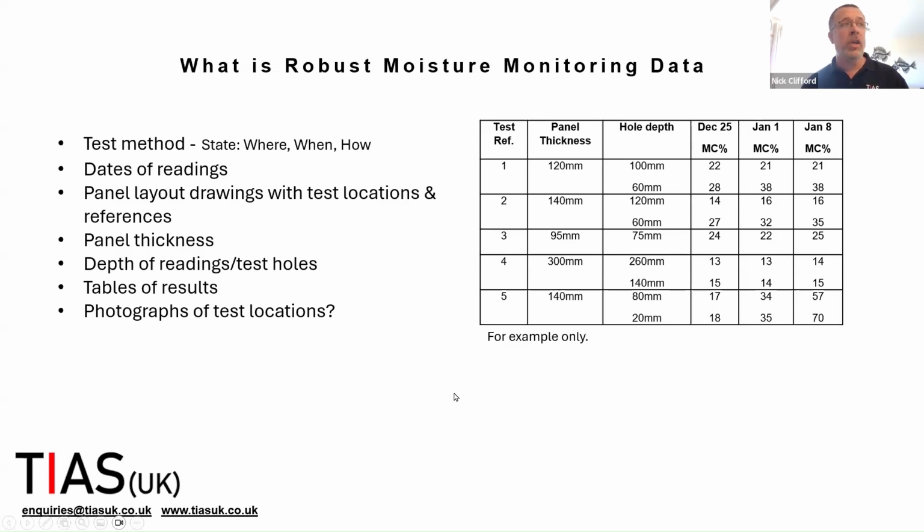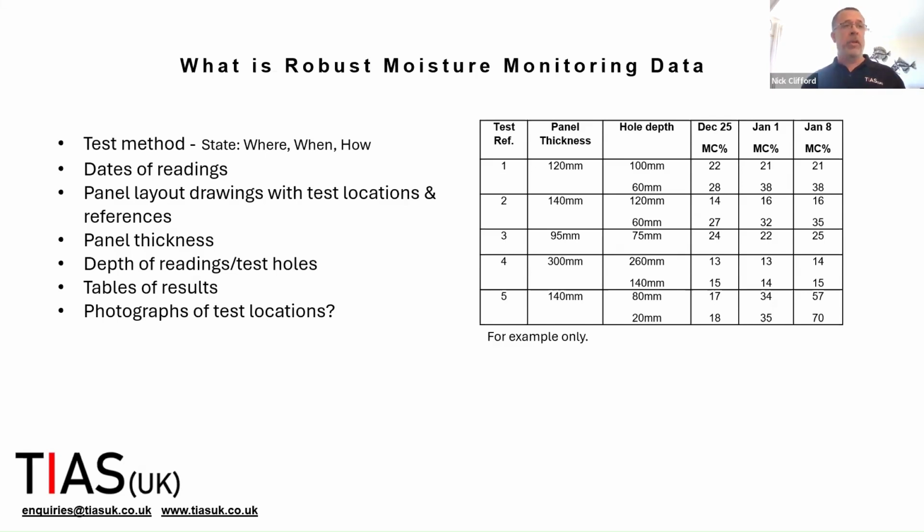We need to know how we took it, where, when and how. So whereabouts on the panel did we take it? Now you might just put a test methodology that all the tests were taken within 100 to 150 mil of the panel edges, right? We need to know the dates of the readings. Importantly, we need to know the thickness of the panel and the depth that we took the reading, because that tells us that we hit the right lamella.